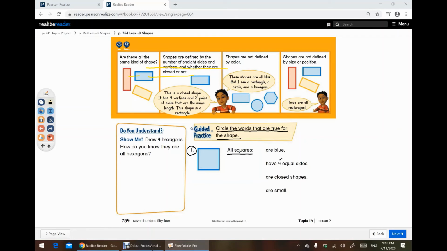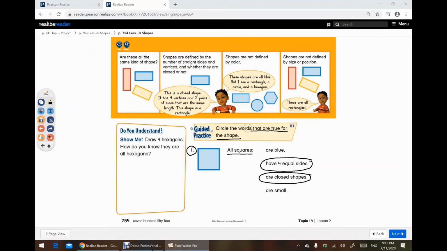Now, here you can see they all have 4 equal sides and they all are closed shapes, right? This is what we have learned. A shape is defined by the number of equal sides, whether it has the same number of vertices, the same number of sides, and they all should be closed. They are not defined by the color or the size. Okay?